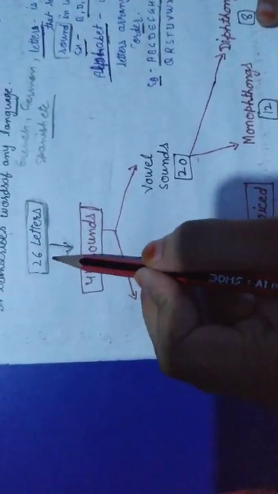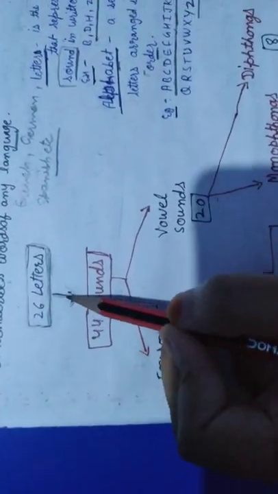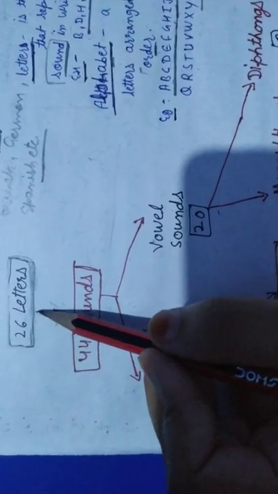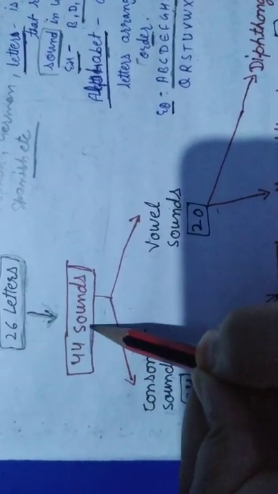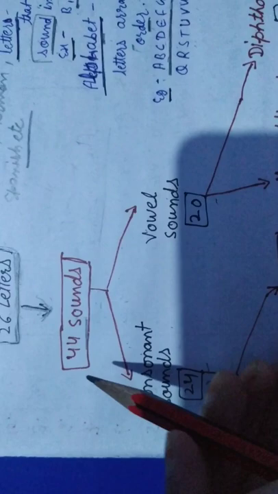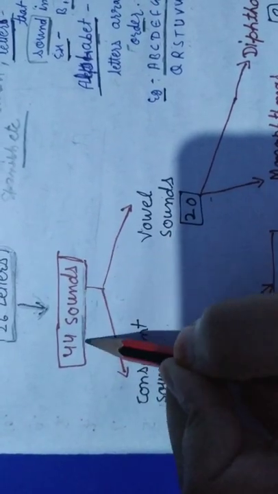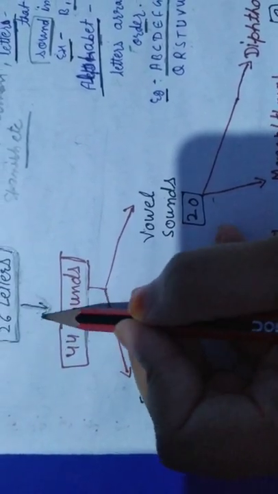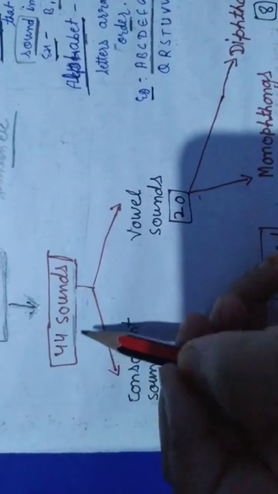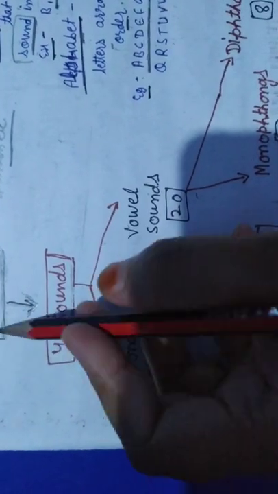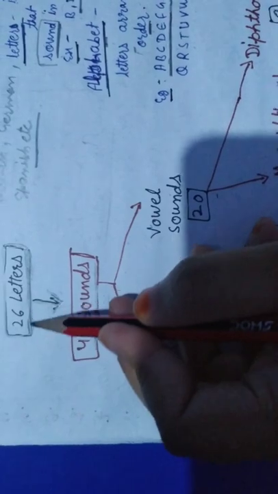We use 26 letters, as you know. 26 letters make 44 sounds. Now you are also confused about the 44 sounds, because we don't have 44 letters; that stands for 26 letters.